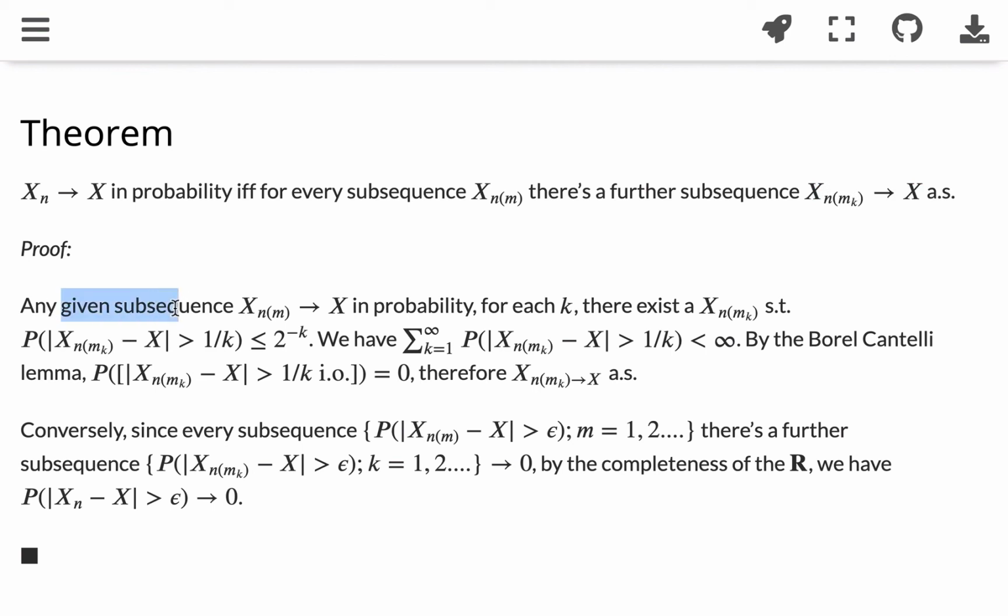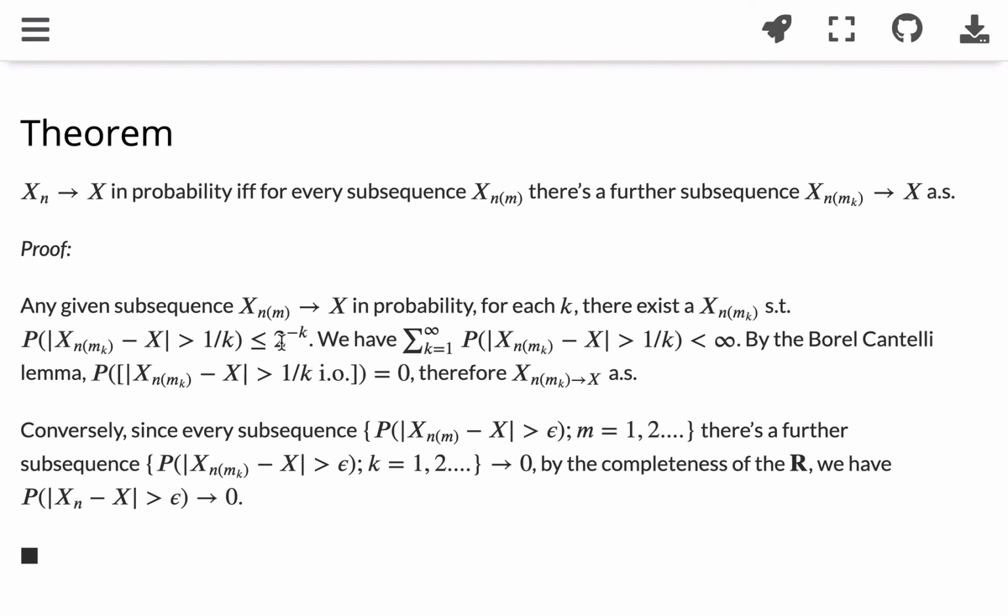Given any subsequence, because it converges in probability, for each k there's a further term X_{n_{m_k}} such that the probability that the absolute value of X_{n_{m_k}} minus X is greater than 1 over k is less than or equal to 2 to the power minus k.